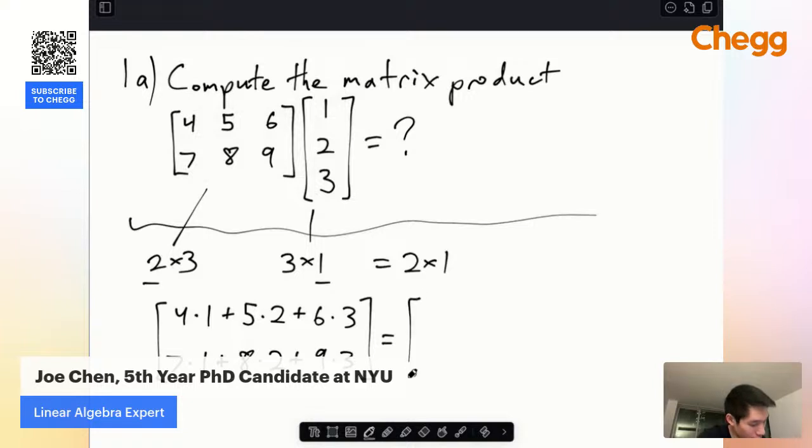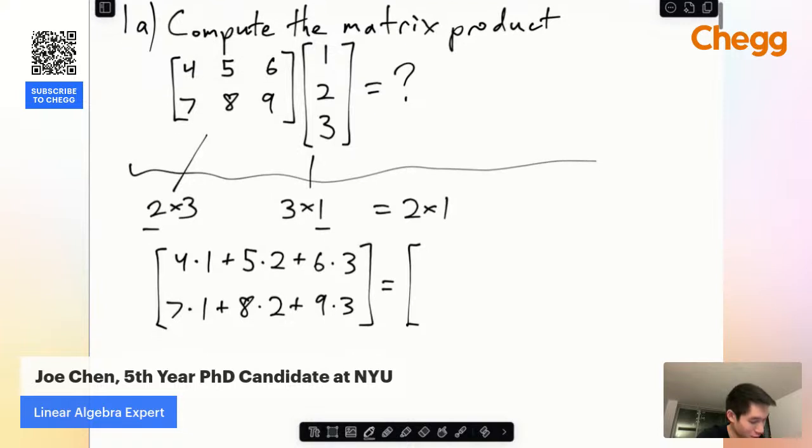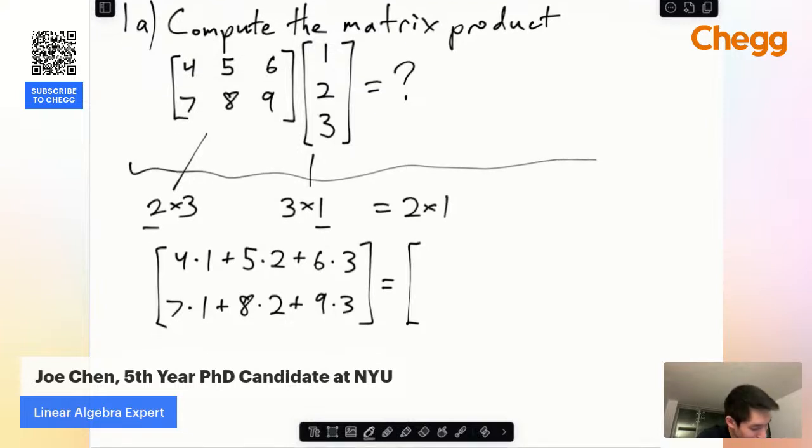And what do we get? Up here we have 4 plus 10 plus 18, and this is 32. Then we have 7 plus 16 plus 27, and that gives us 50.